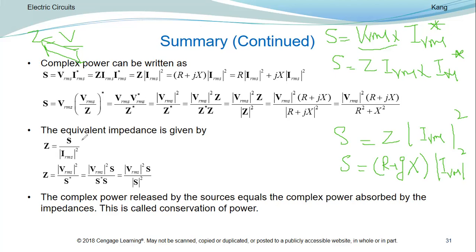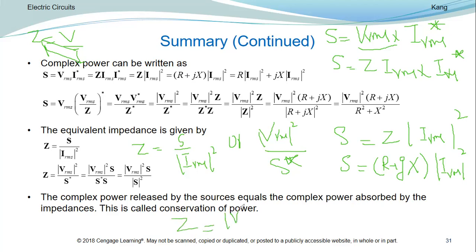Now the equivalent impedance will be equal to Z, and Z will be equal to S upon IRMS square, or it will be equal to VRMS square divided by S star. So this is the parameter to define the value of equivalent impedance for a system.